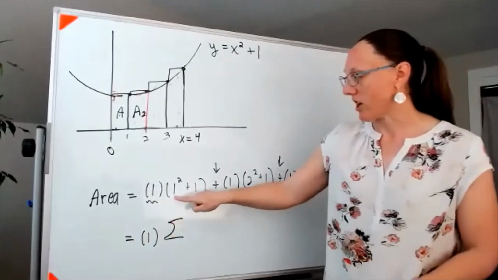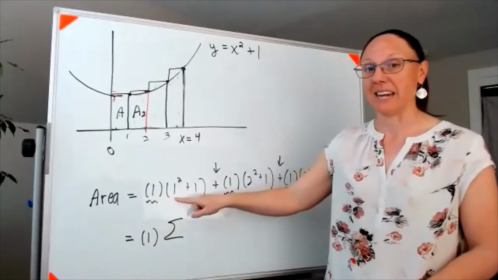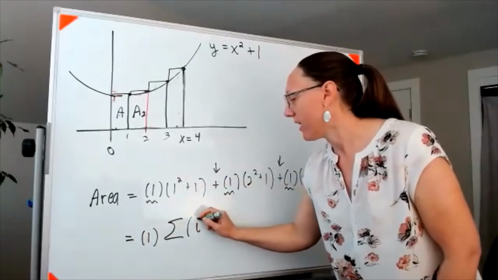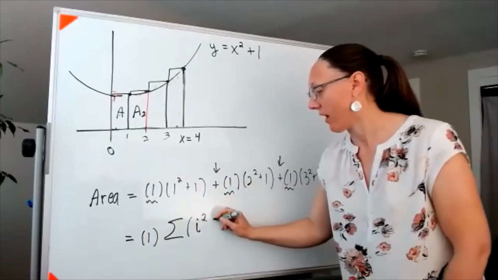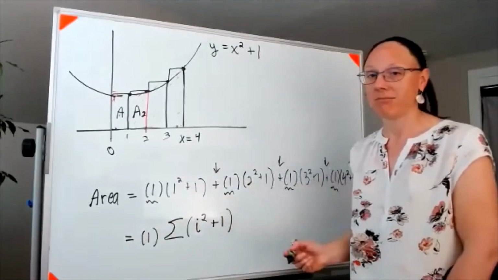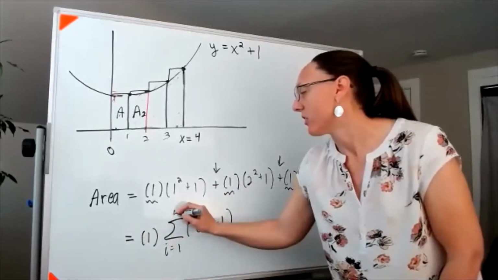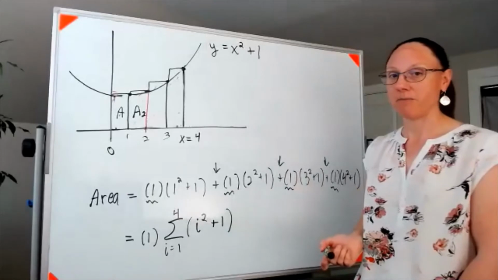What we're doing each time is taking the number we've plugged in, squaring it, and adding 1. We started at i equals 1, and we took 4 rectangles.